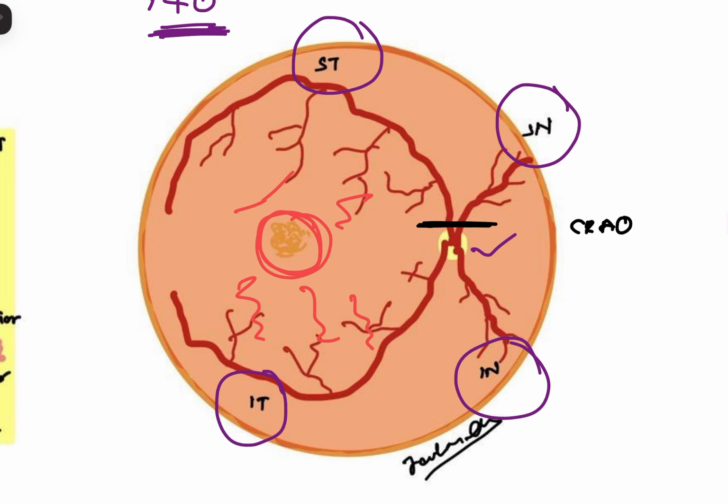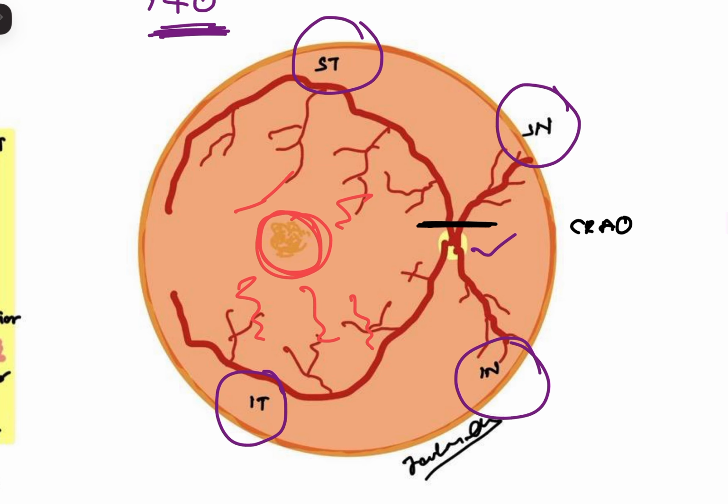You have the artery supplying, that is occluded, that's central retinal artery. In this area you have hemiretinal artery occlusion, so half of the field is gone. If you are having occlusion over this area or this area, this is some branch of your retinal artery, that will be your branched retinal artery occlusion.